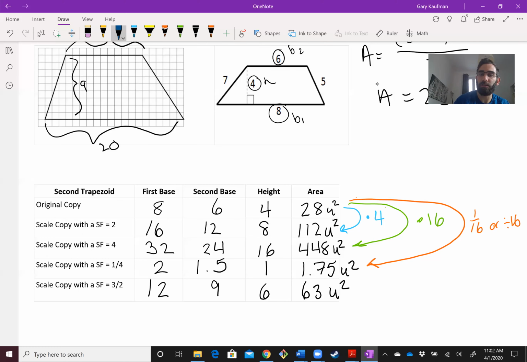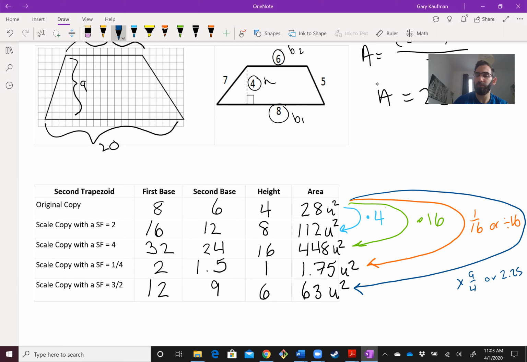And last but not least, this was multiplying by 9/4, or that's the same as 2.25. Hopefully we're seeing a pattern.